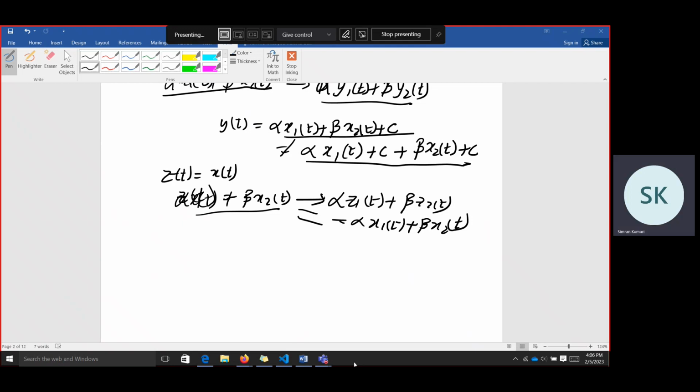The example which one? Motor through gear, and then there was a shaft. Okay.